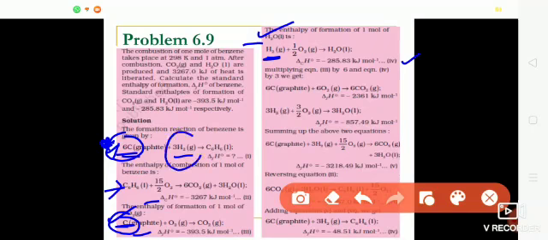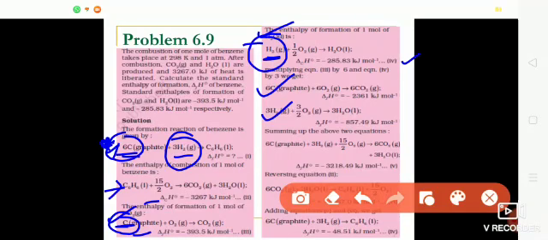Similarly, since the required equation involves 3 moles of dihydrogen, we have to multiply equation 4 by 3. Multiplying equation 3 by 6 and equation 4 by 3, we get the following equations.